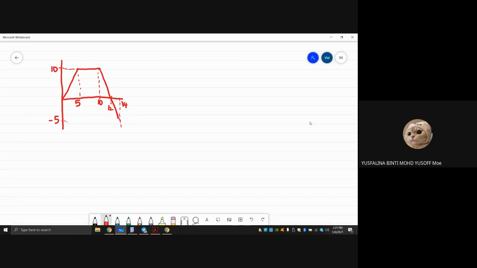Okay, so this is graph velocity against time, right? So my question is, I want you to find displacement, and my second question is, I want you to find distance. Okay, so try to find first.